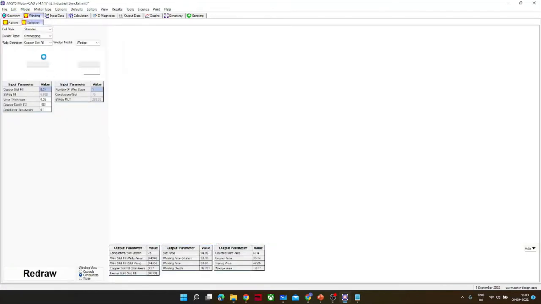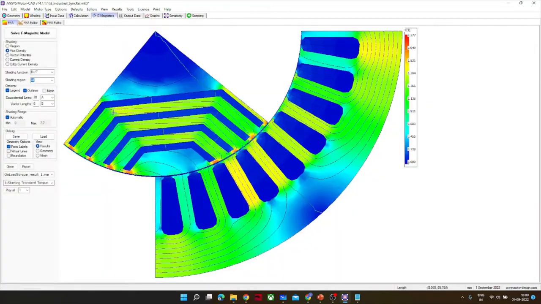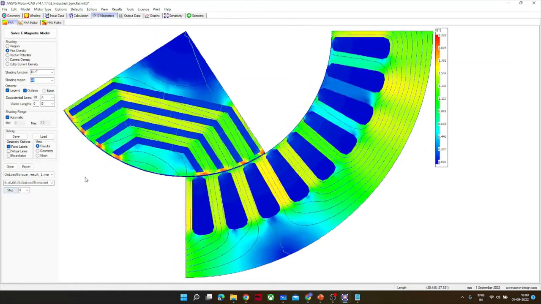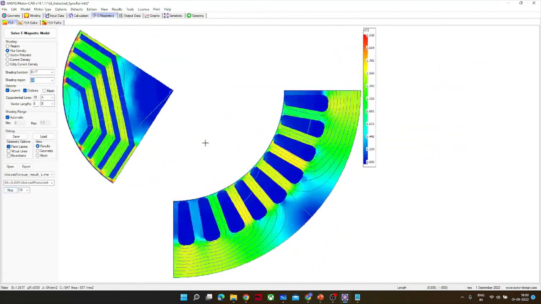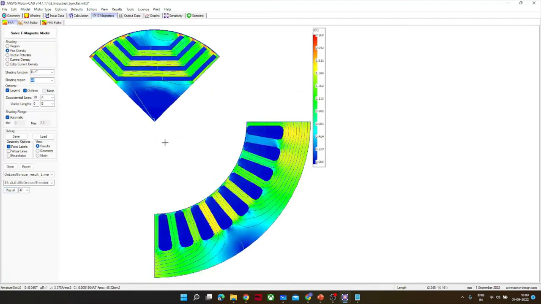Let me show you the windings as well. You can see here the stator is wound and there is no winding on the rotor side. If you see the flux path, this is how the flux flows in the machine. Just for the demonstration, I thought I should show it. Any questions on this?